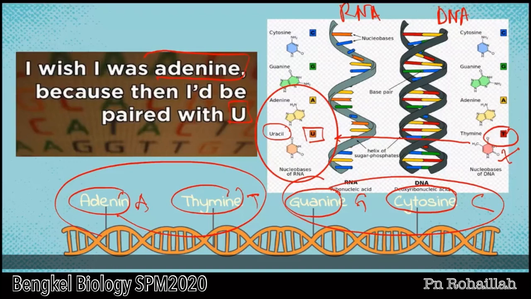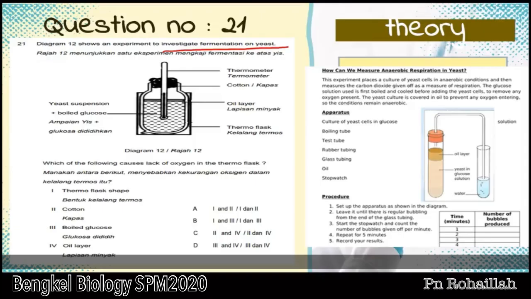Okay, next. Question number 21. Okay, ready? Okay. Diagram 12 show an experiment to investigate, underline the word, fermentation of yeast. So, which of the following cause lack of oxygen? You underline the word lack of oxygen.